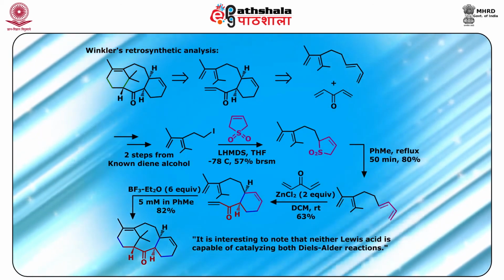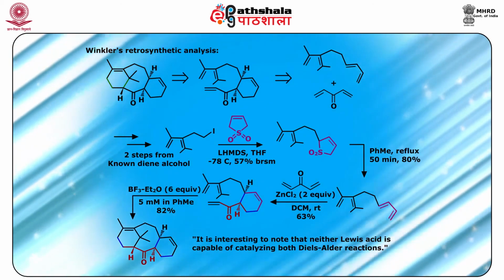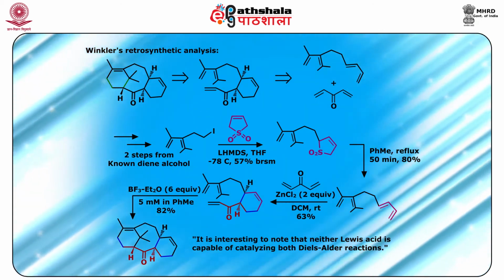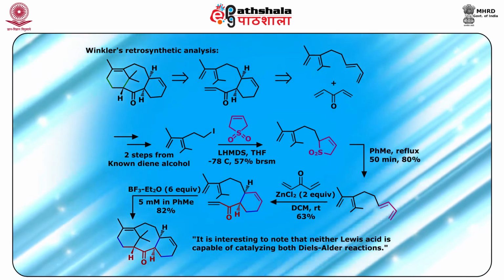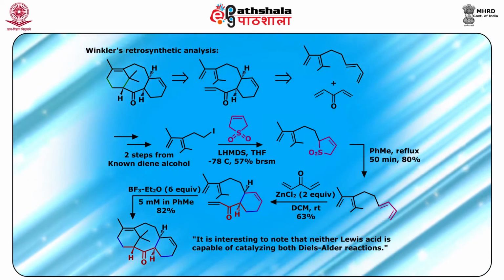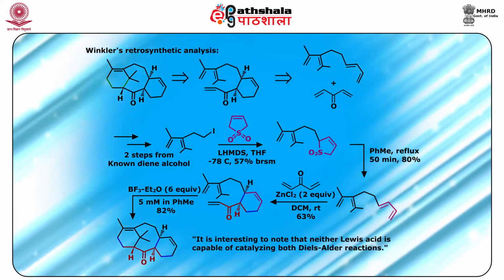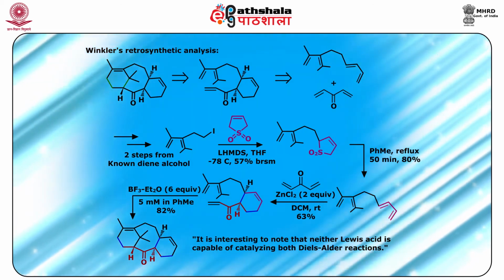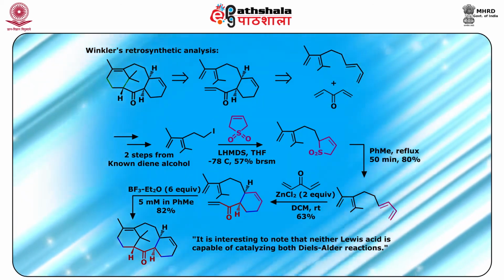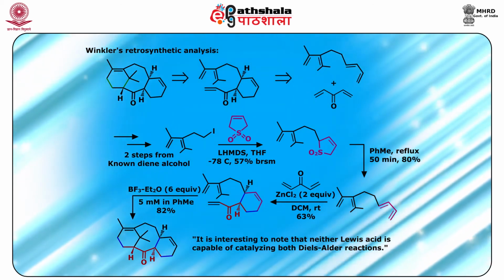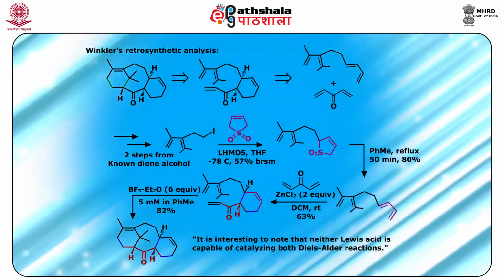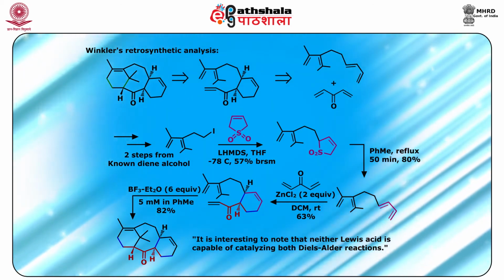Taxanes form a large family which comprises over 350 members, out of which the most famous one is Taxol, also called paclitaxel, which is a billion-dollar anti-cancer drug. The total synthesis of taxane ring involves a cheletropic extrusion of sulfur dioxide.